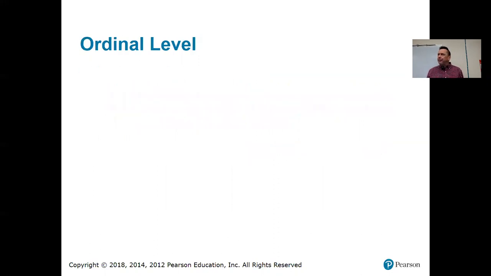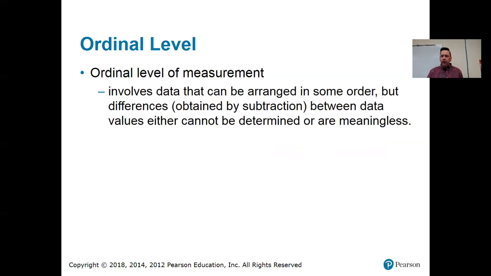All right, the next level up is ordinal. So you still can't really do any math with ordinal variables, but you can at least put them in order. So ordinal level involves data that can be arranged in some order, but differences obtained by subtraction between data values either cannot be determined or are meaningless.